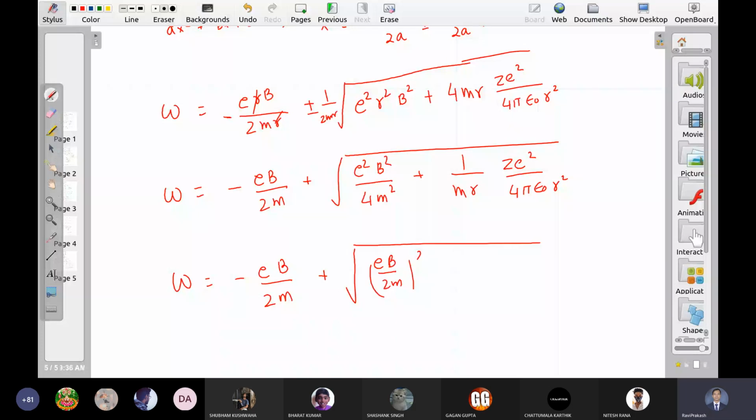Can I further simplify it? इसको और simplify कर सकते हैं. Let us see.